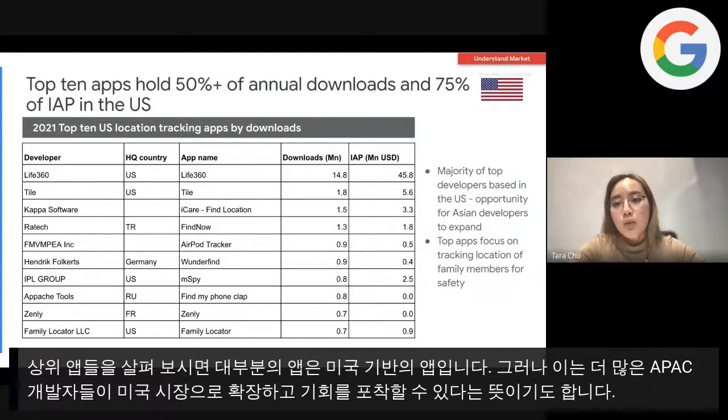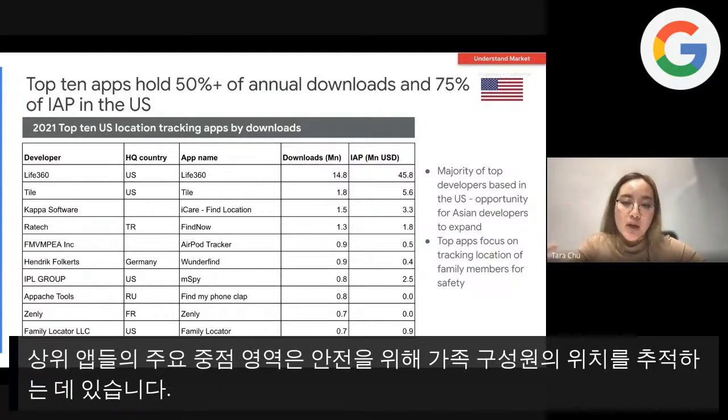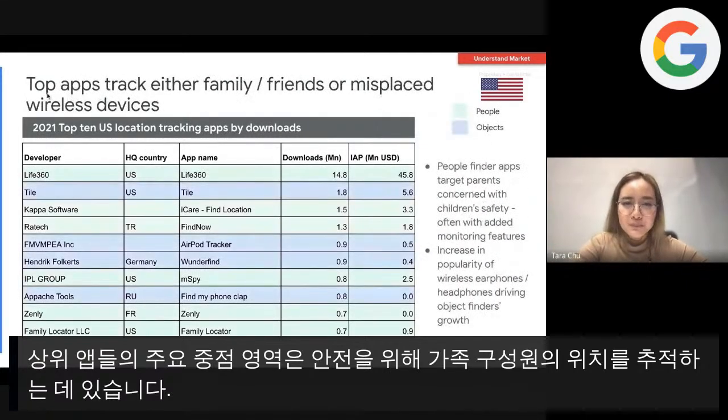Whatever is working in China, Japan or Korea, you can also test out in the US. The main focus for top apps is also mainly family safety, so you can see location tracking is famous.